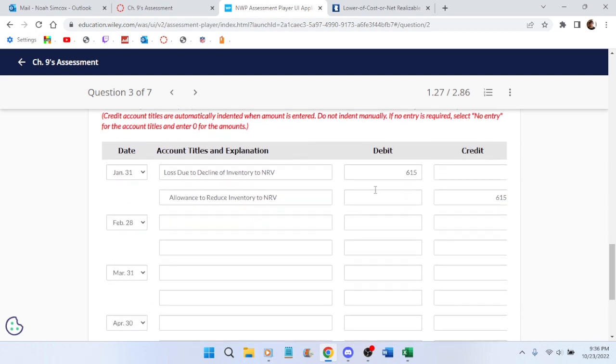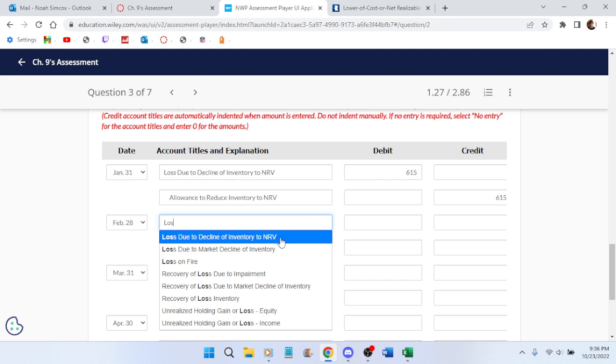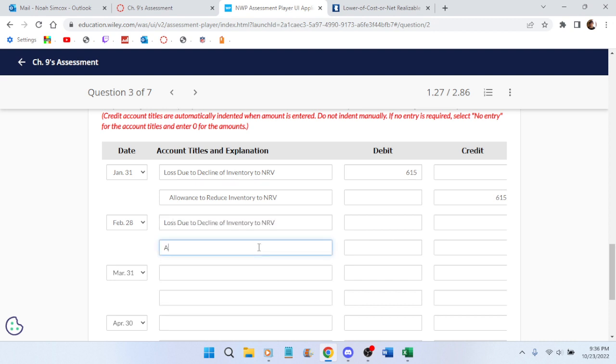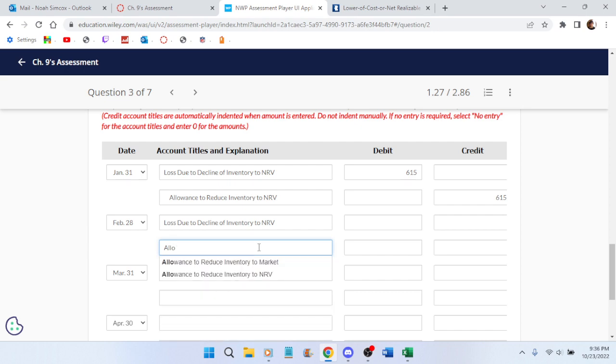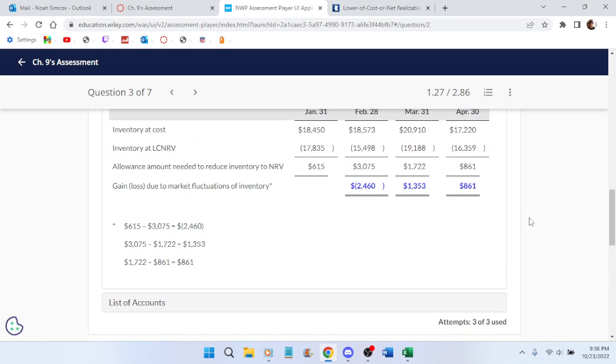If it's a loss, you put it in this. Two, 4, 6, 0.